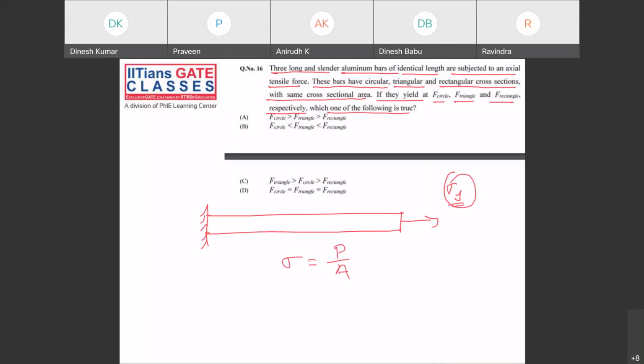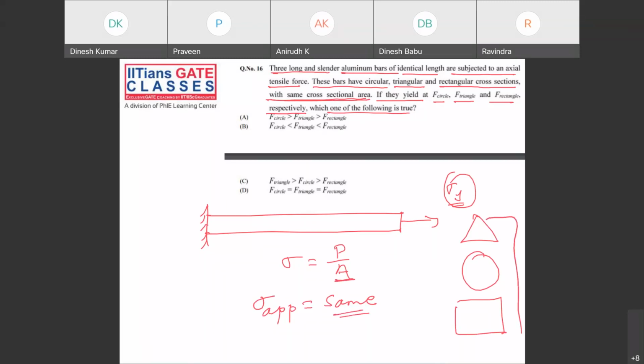And even though they are different cross sections, one is a triangle, circle, and rectangle, the cross-sectional area is same. So my sigma applied will remain same. It is same for all three cases.